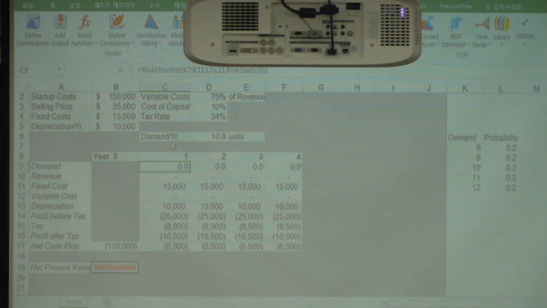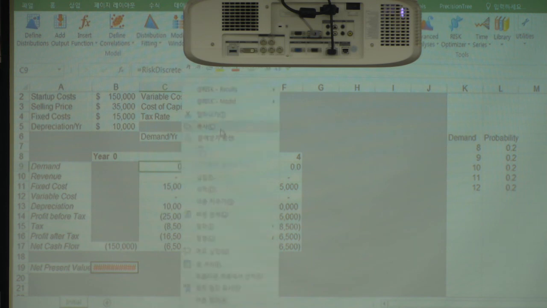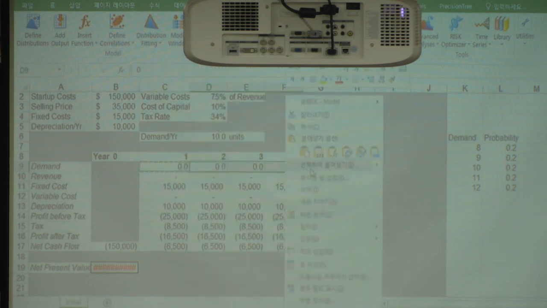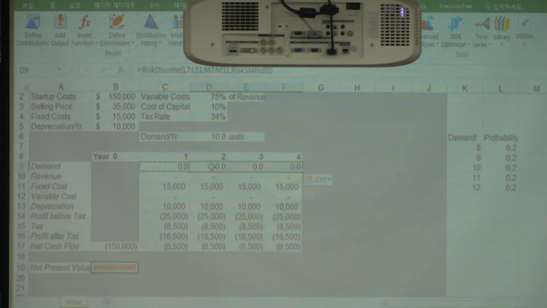And here, I want to say that K7, K11, okay, good. I will try this one. I'm not sure whether it works or not. K7, okay, it doesn't work. So what I will do is here, I fix the column.